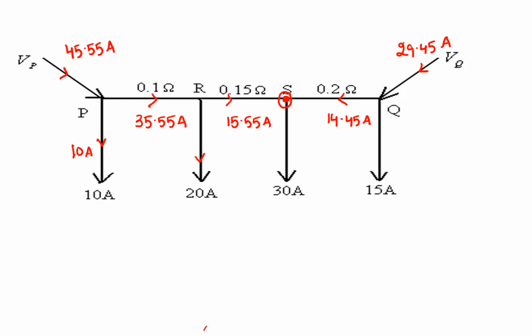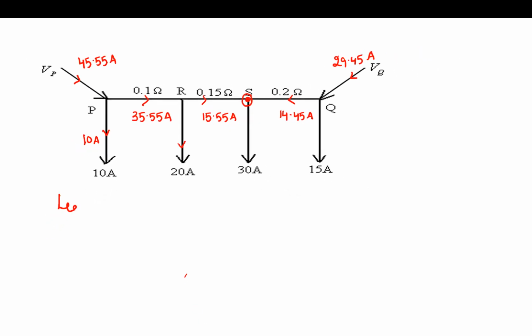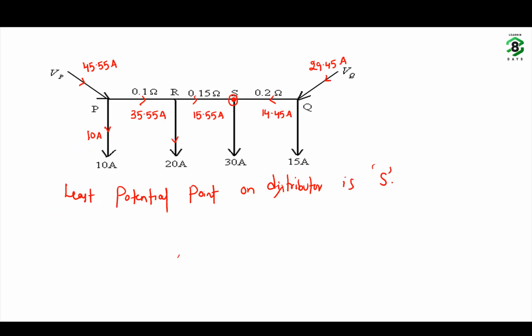So it is obvious that since the current is flowing from Q to S, Q is at higher potential than S. Similarly, R is at higher potential than S. And likewise, P is at higher potential than R. So in the problem, what is the voltage of the least potential point? He has given it as 220 volt. Now, with Vs as 220 volt, we have to calculate Vp.